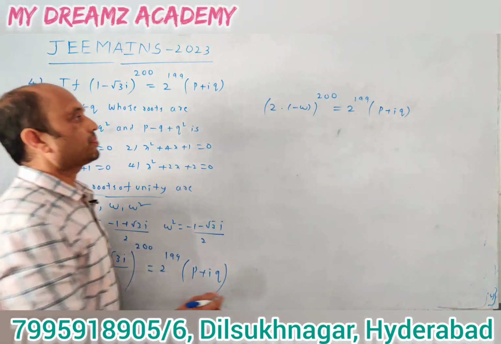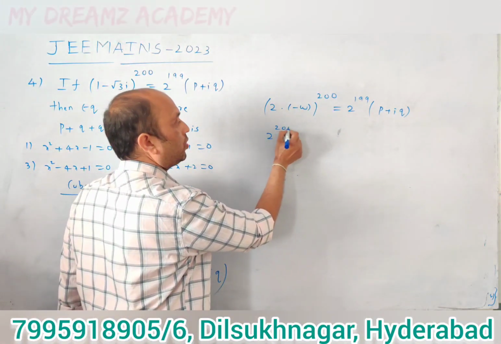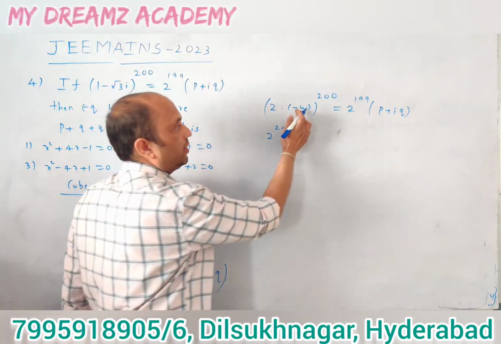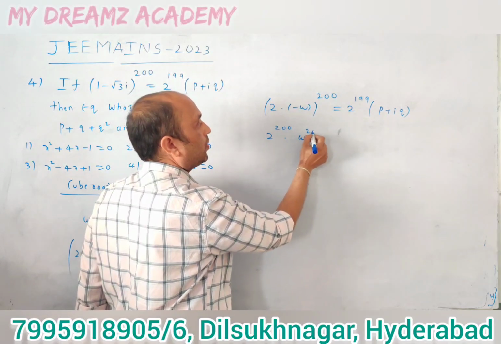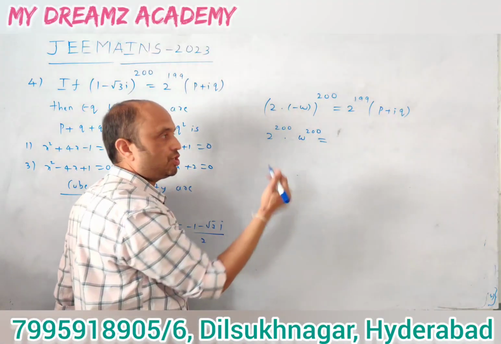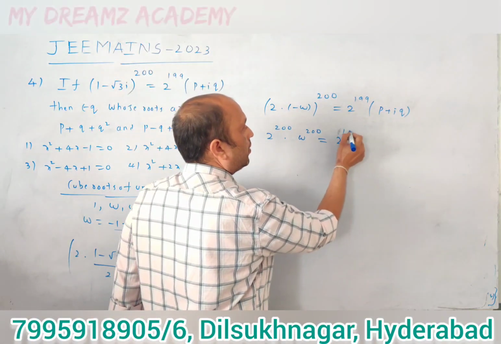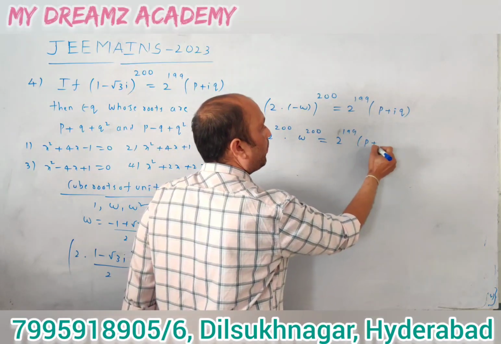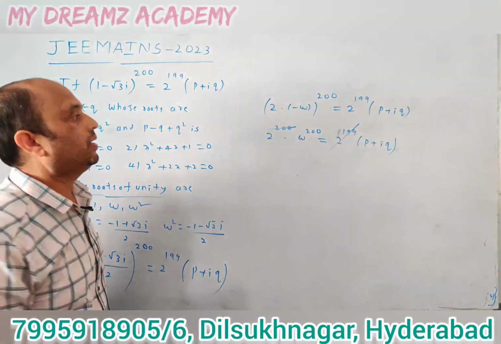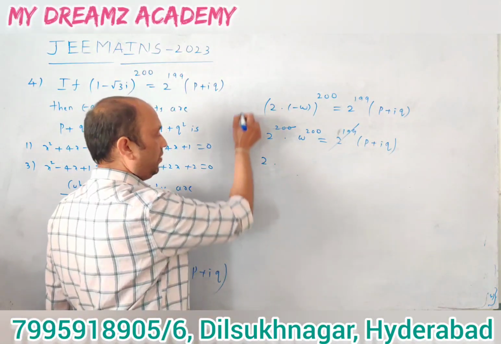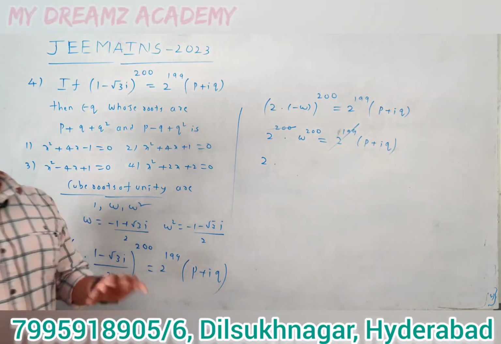Now here, minus 1 whole to the power of 200 becomes positive, and omega to the power of 200 remains. Here 2 power 199 (p plus iq). So these terms get cancelled. Now we want to simplify this omega to the power of 200.